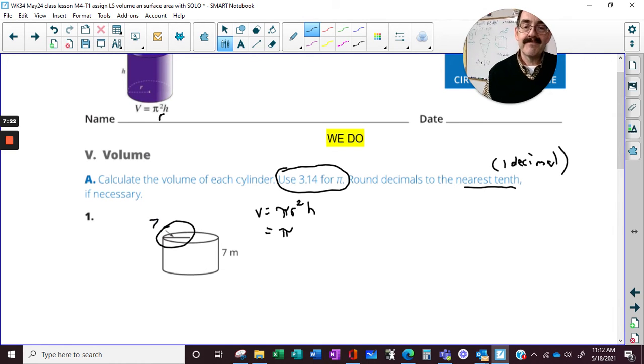Let's call it a 7. Actually, we don't want a 7 because we got a 7 here. Let's call it an 8. So, 8 squared, 7 high.